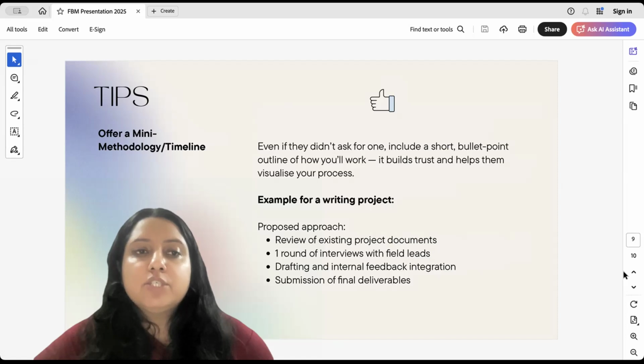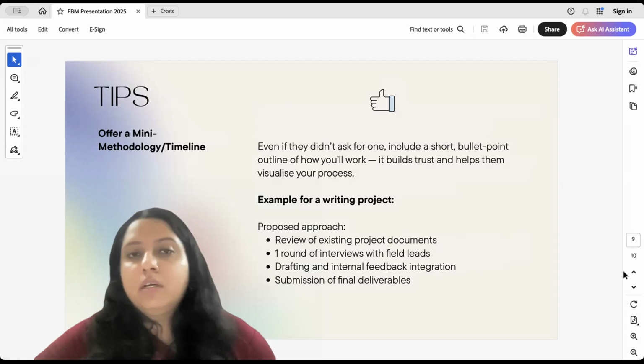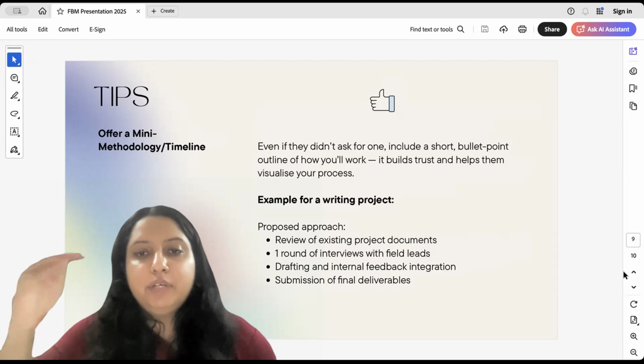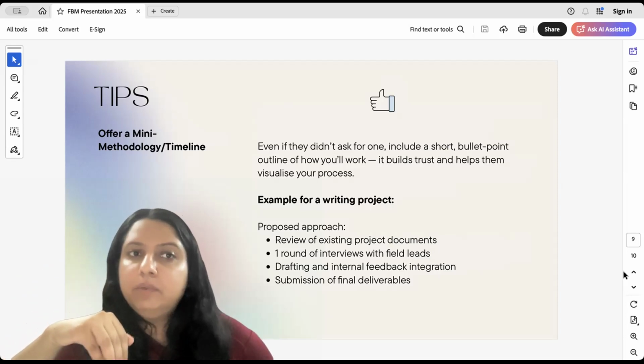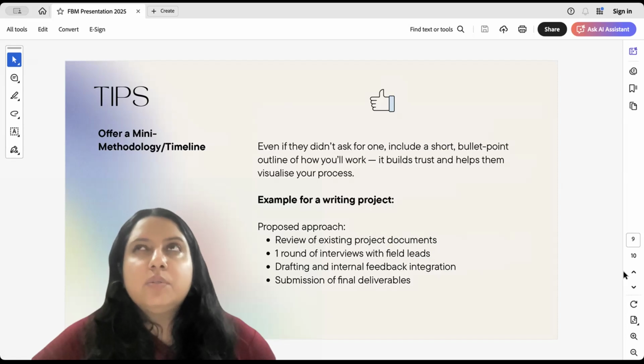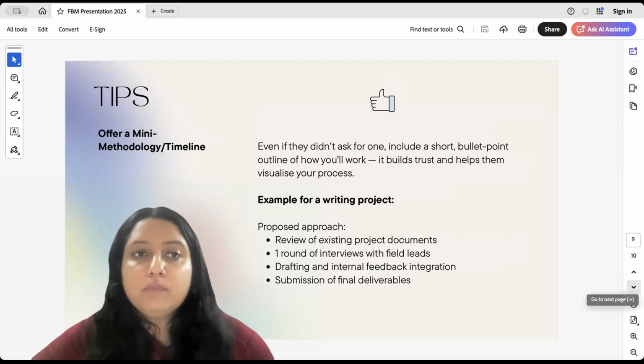You can share a proposed approach. You will deliver on this date. You will get the feedback on another date. You will do this XYZ part of the process on a different date. So, like you see in the example, different elements of the process have been laid out and how they will work together. It gives them an insight, and it also shows your command over your work. So that's another way you can set yourself apart.